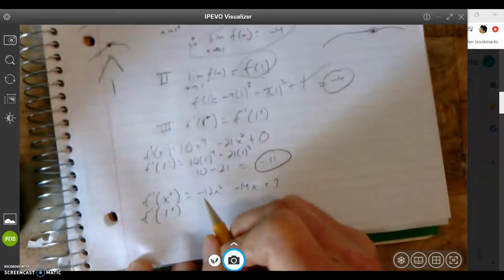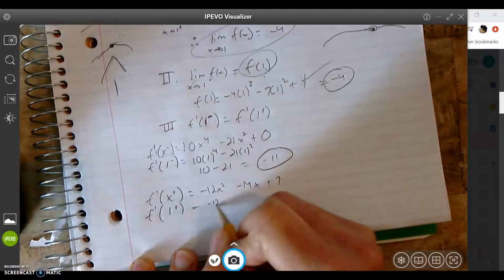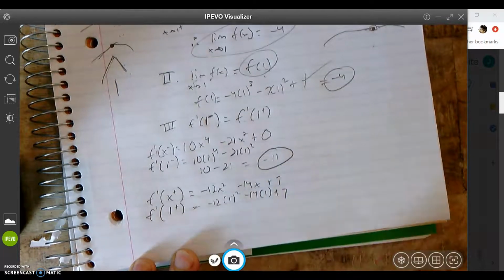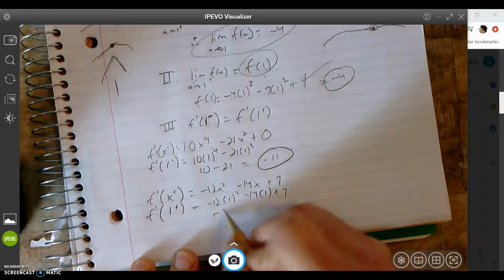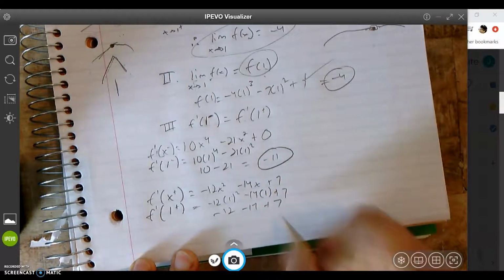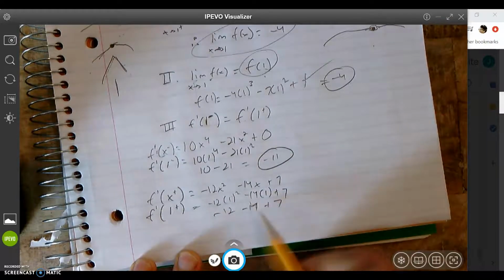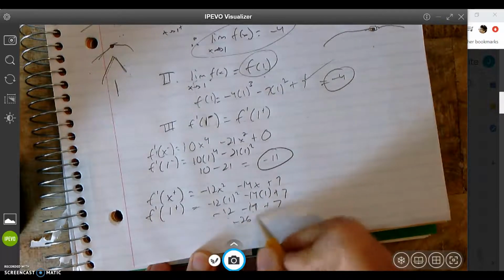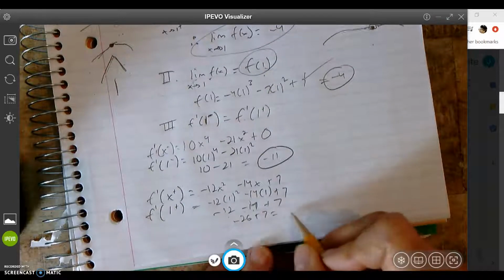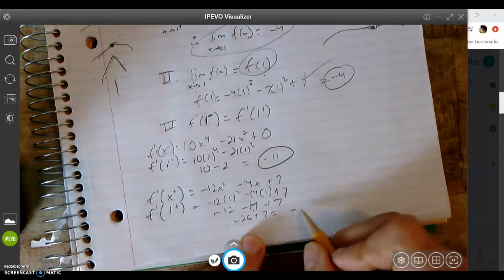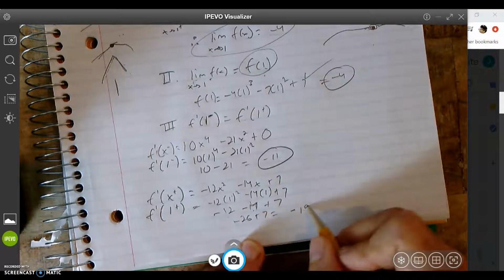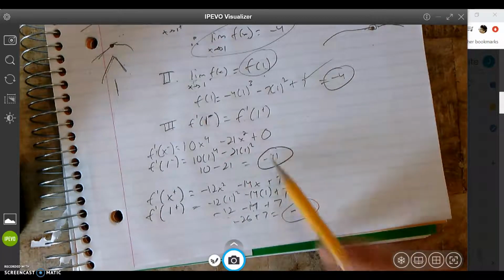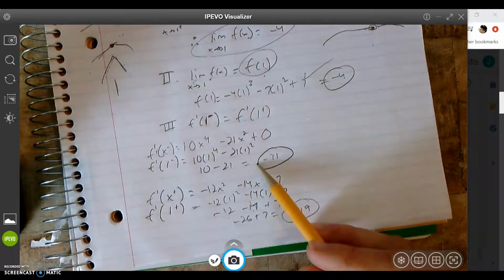That's negative 12 times 1 squared minus 14 times 1 plus 7, which is negative 12 minus 14 plus 7. Negative 12 minus 14 is negative 26, plus 7, which is negative 19.